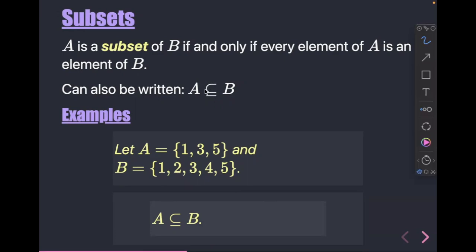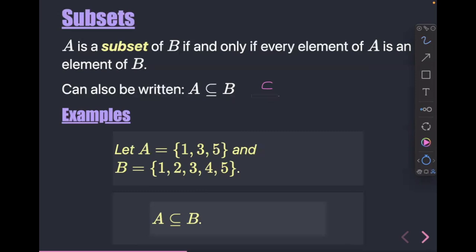This is actually subset equals, so this includes the case where A could also be equivalent to B. If A is a strict subset of B, then you could use just this subset symbol without this line underneath. The line underneath means there's the possibility that they also could be equal.